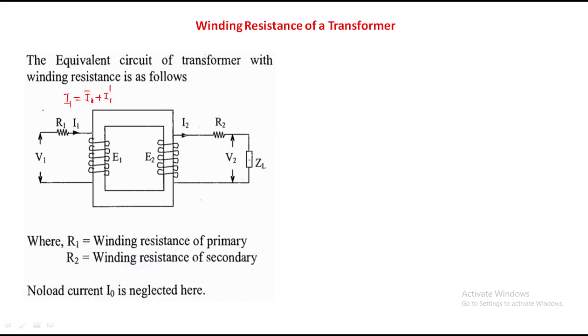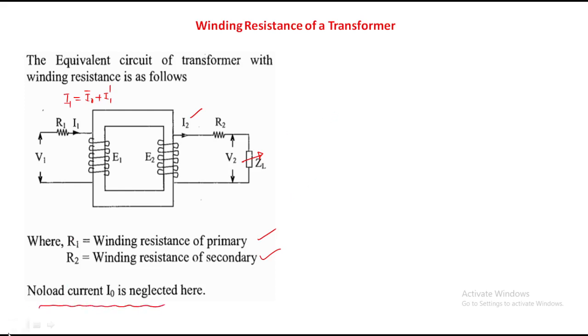Because there is a load, there is a secondary current. In the primary winding we have provided a primary resistance R1, and in the secondary winding a secondary resistance R2, that is, R1 is the winding resistance of the primary and R2 is the winding resistance of the secondary. In this case the no load current is neglected.